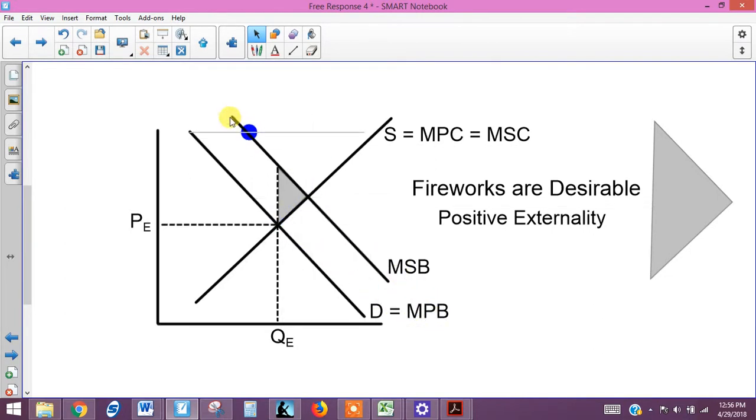So we draw a second marginal social benefit curve out here, which defines the benefit that is gained by the neighbors enjoying the show.